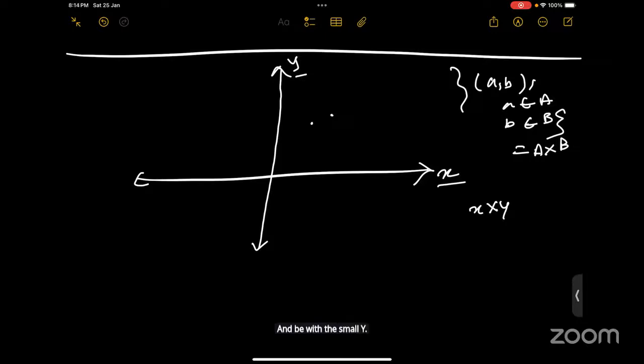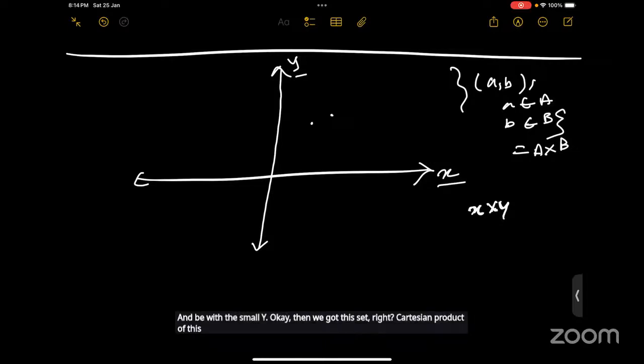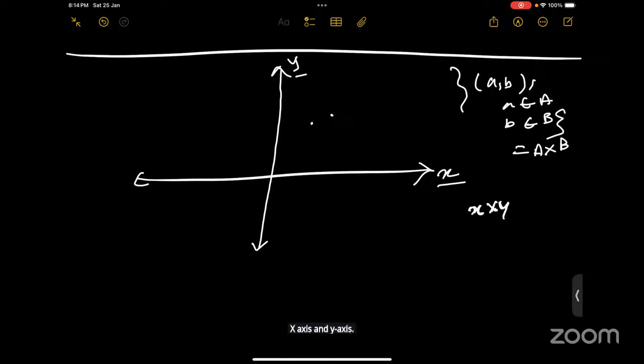Then we got this set, the Cartesian product of these sets. So all the points in our Cartesian coordinate system are basically the points of the Cartesian product of the two axes, x-axis and y-axis. Clear?